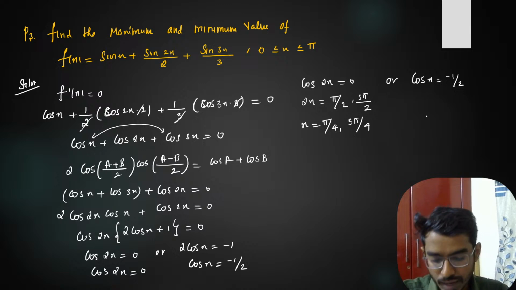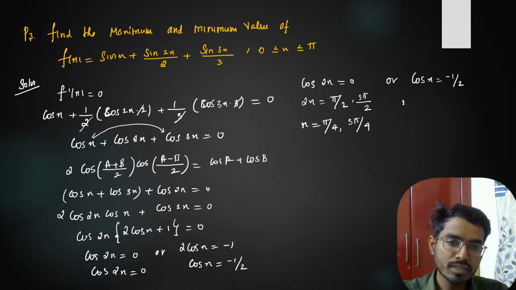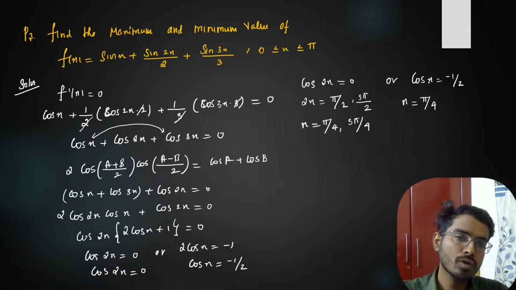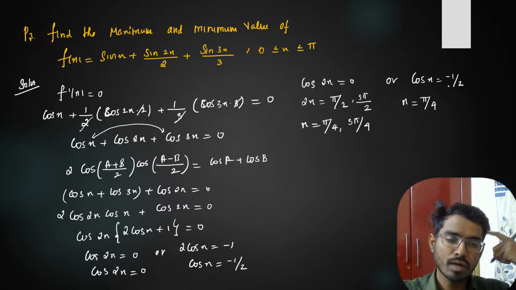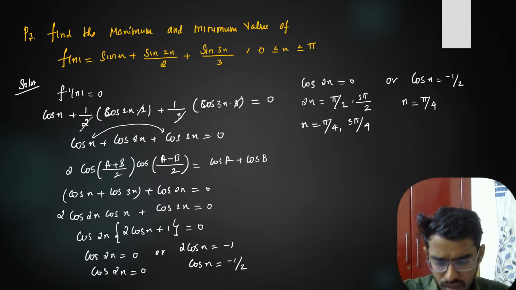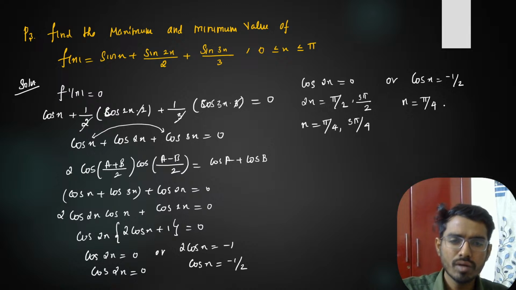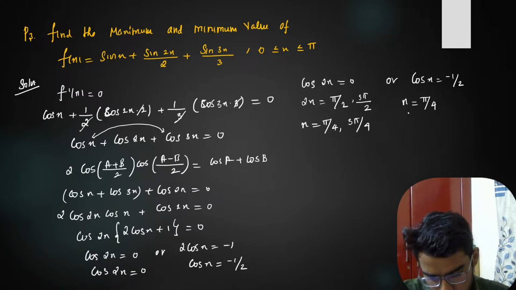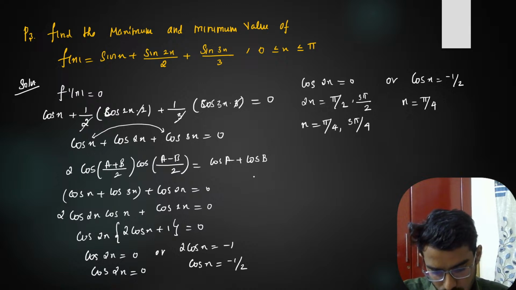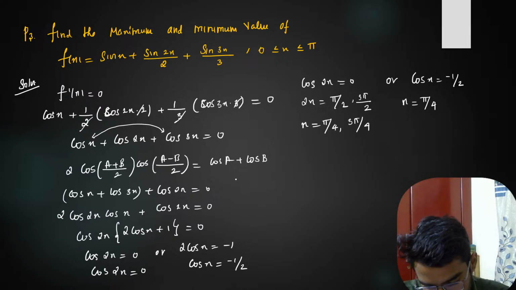Again, when cos x is minus 1 by 2, what is that x? Cos pi by 4 is 1 by root 2, so not pi by 4.